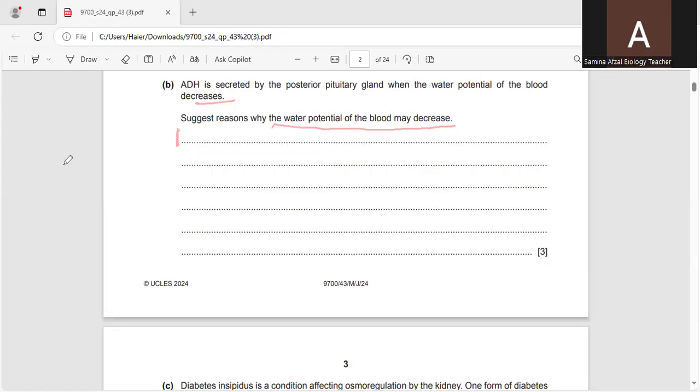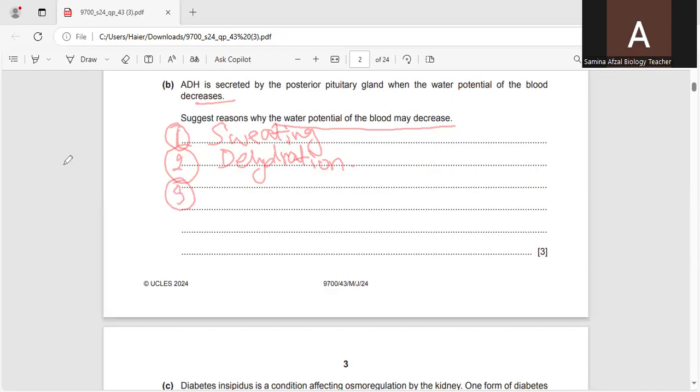So one of them is sweating, and secondly, dehydration is produced as a result of disease. Sometimes people are sitting normally but they feel sweating on their body due to some disease.